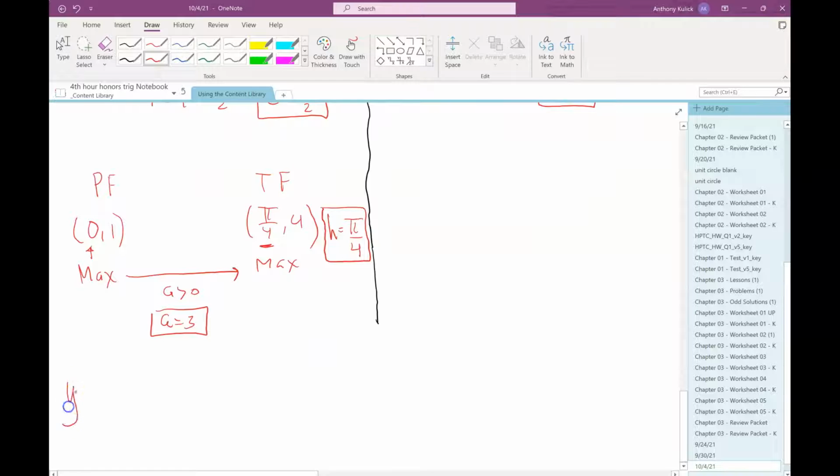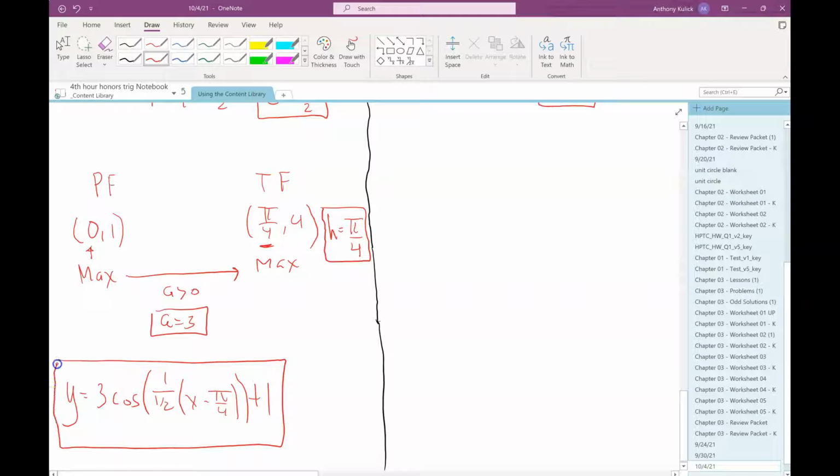So I can say y equals 3 cosine of 1 over 1/2 x minus pi over 4 plus 1 is one possible answer. There are many. Yes, sir. When we do write out the final answer, do you want to multiply the 1 over 1/2 in?